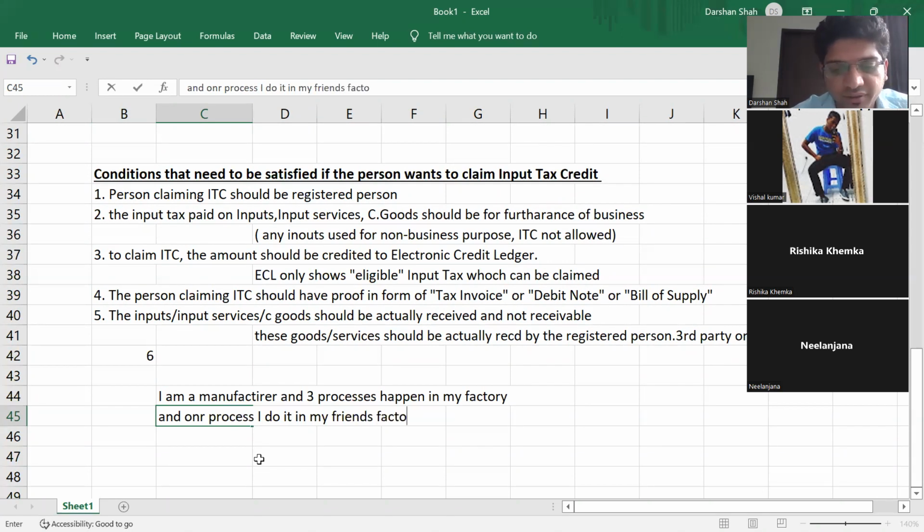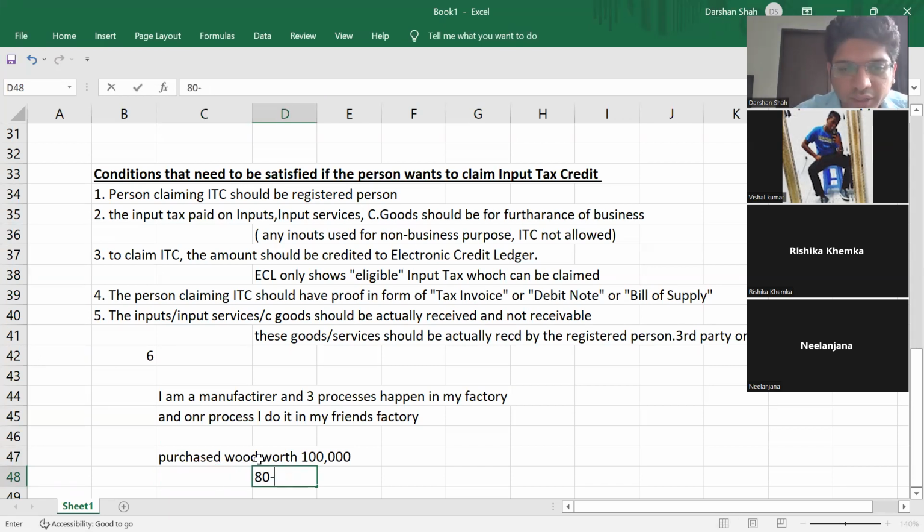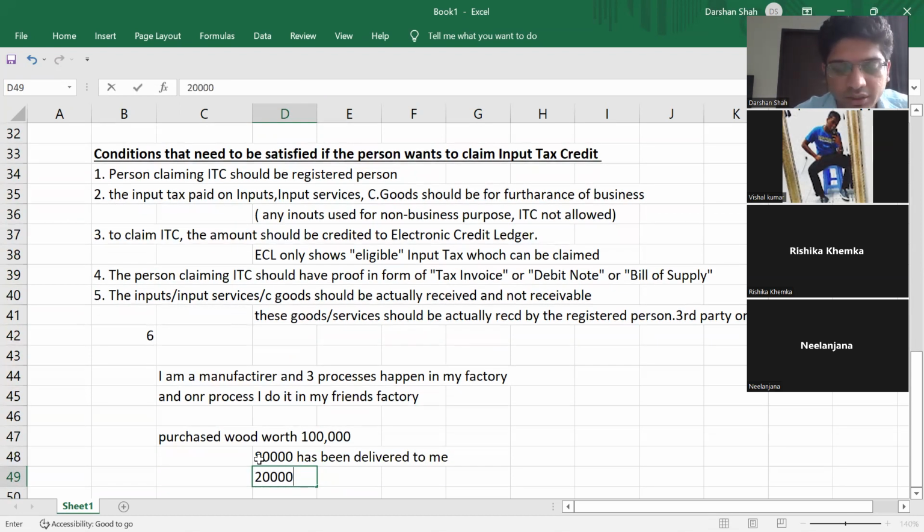So now I have purchased wood worth 100,000. 80,000 has been delivered to me, and 20,000 has been delivered to my friend.